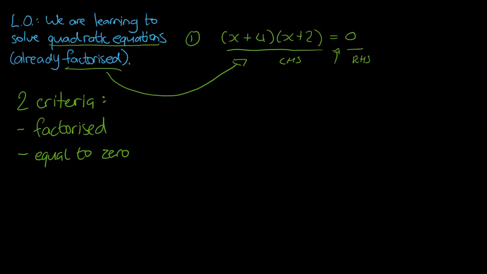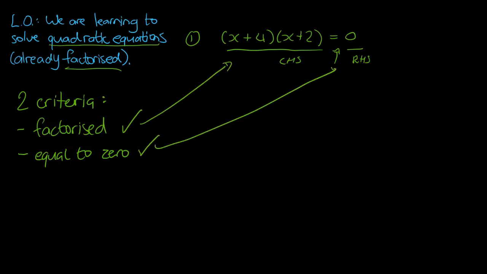We will eventually move on to types of questions which will need factorizing or will need simplifying to do that. Hopefully you can see with this quadratic, yes, it is factorized, and yes, it is equal to 0. When it looks like this, you can go ahead and solve it.